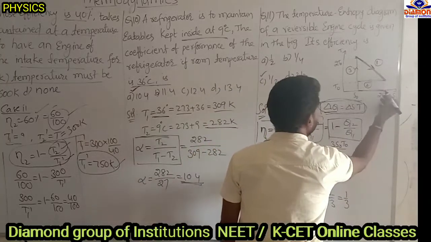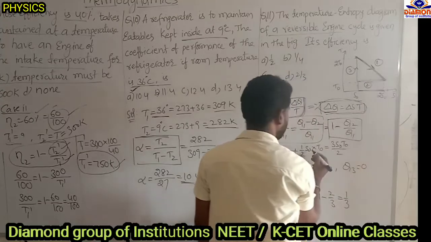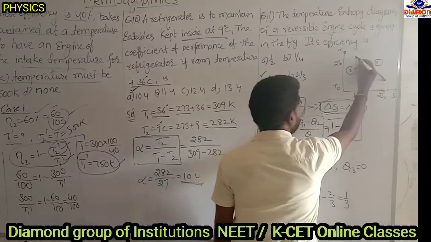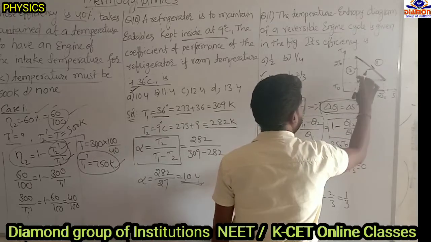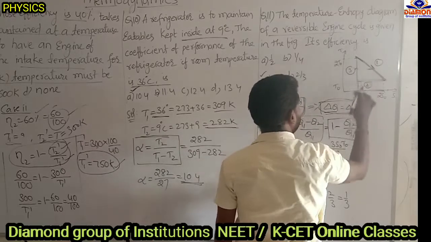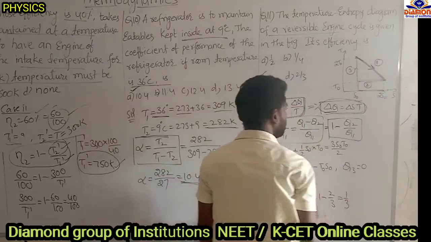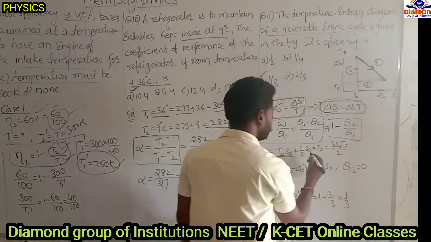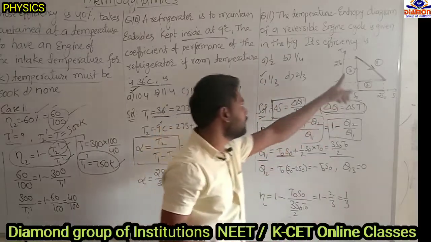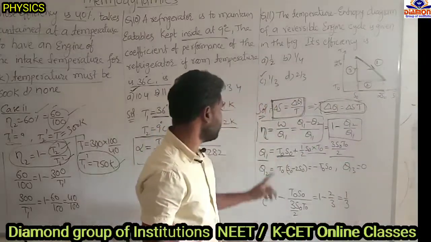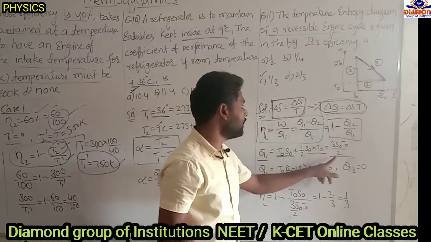The base is 2S0 minus S0, that is S0, so half into base S0 into height. The height from here to here is T0, and here to here is 2T0, which is 2T0 minus T0, that is T0 only. So half base into height. From this we will get 3S0 T0 by 2. So the area under this curve gives Q1 equal to 3S0 T0 by 2.